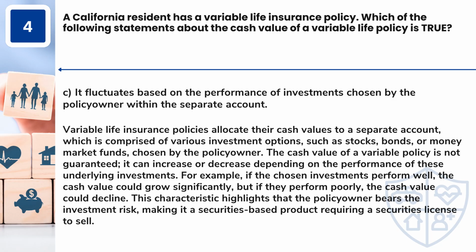It can increase or decrease depending on the performance of these underlying investments. For example, if the chosen investments perform well, the cash value could grow significantly, but if they perform poorly, the cash value could decline. This characteristic highlights that the policy owner bears the investment risk, making it a securities-based product requiring a securities license to sell.